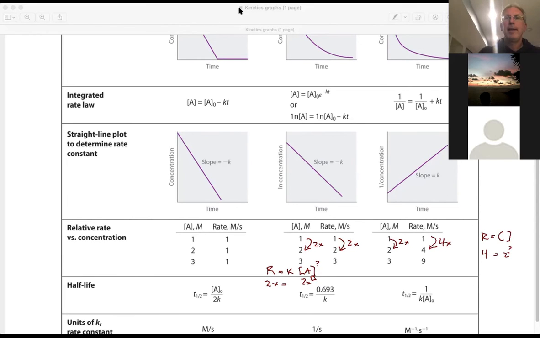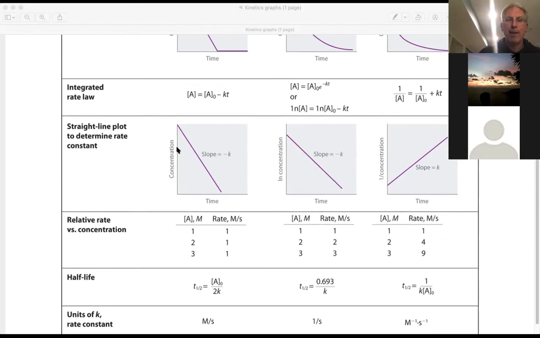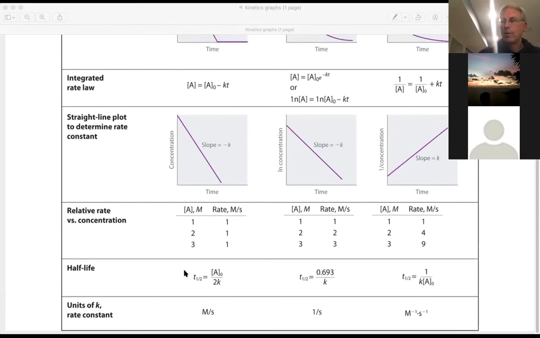Okay, then the last piece of this puzzle is half-lives. In AP Chem, we are going to ignore the half-life for zero order and for second order. If a problem tells you that you have a half-life, that is a dead giveaway that you are first order.